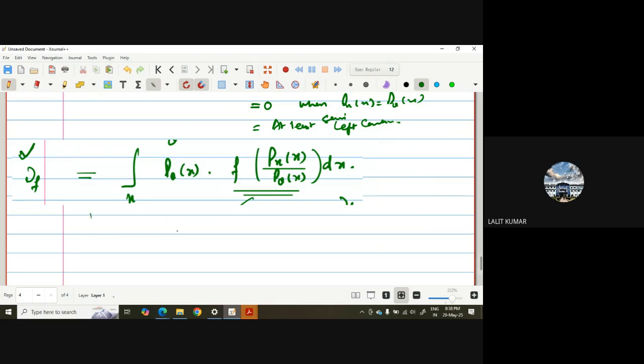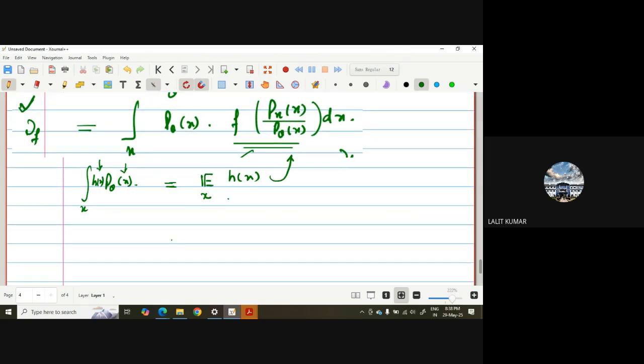Statistics says that the integral over x of a distribution times a function, for example h of x times p theta of x, where h of x is a function and this is a distribution, can be easily found out by the expected value of h(x) over this x. But we cannot use it here because this function has both p(x) and p theta of x.